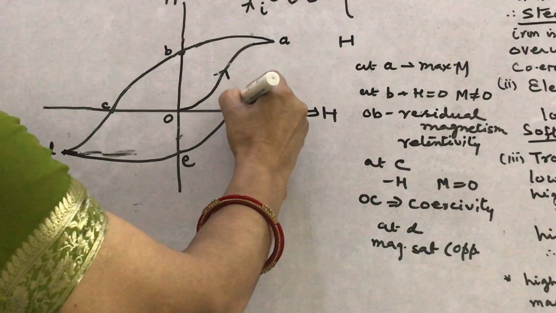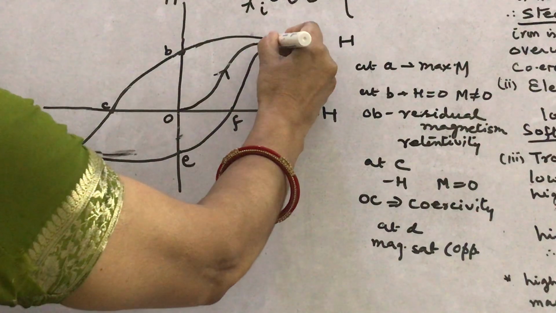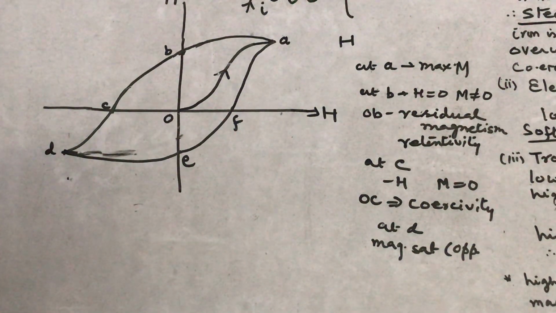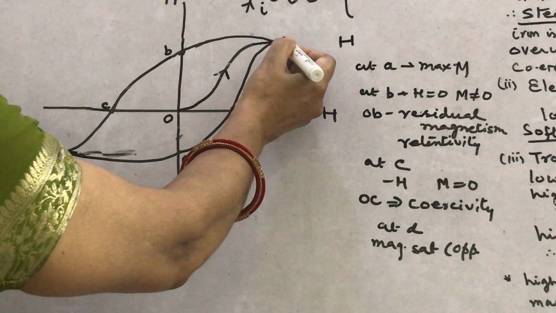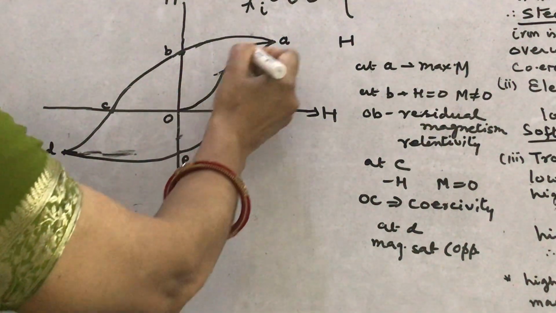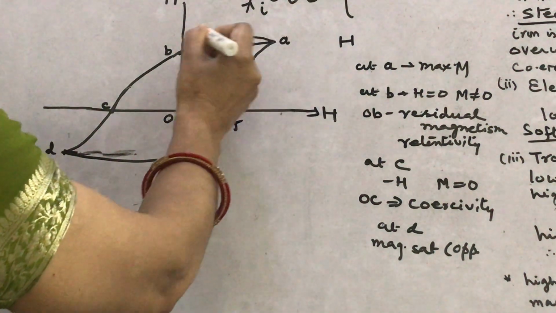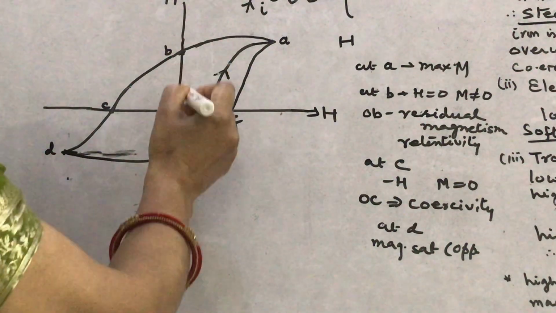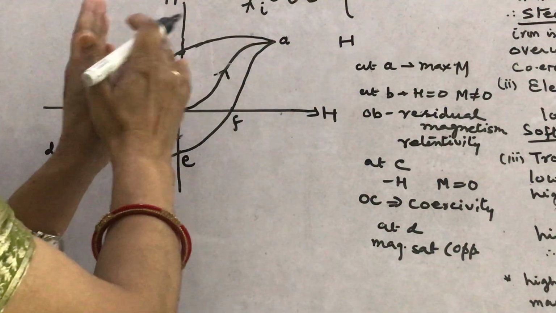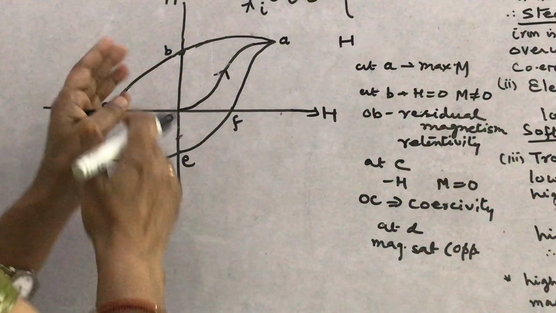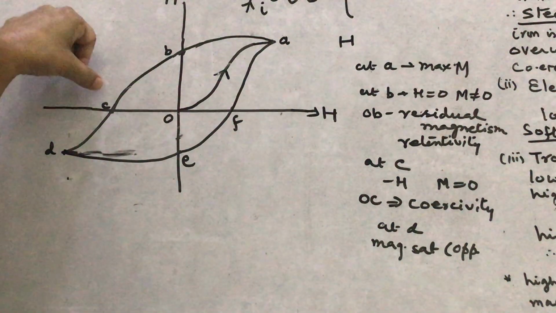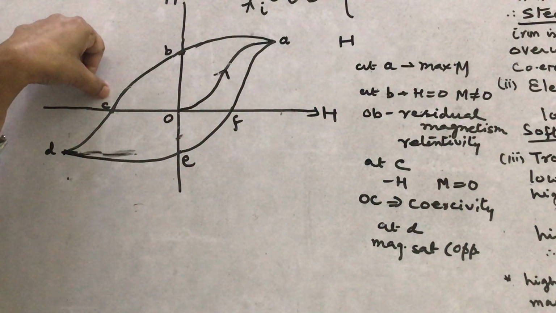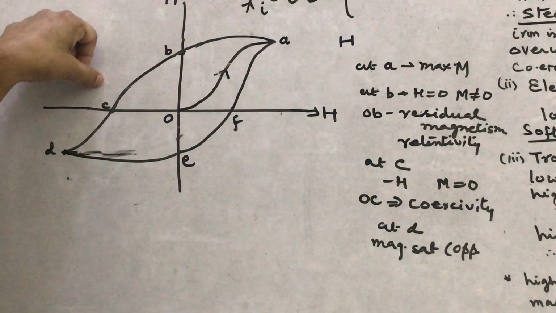Then from F to A again through this path, what we observe is that from O to A magnetic saturation, then at B residual magnetism. All the domains are not brought in the same direction, they are brought at C in the same direction, that is the magnetization becomes 0, the substance comes to the original position here.